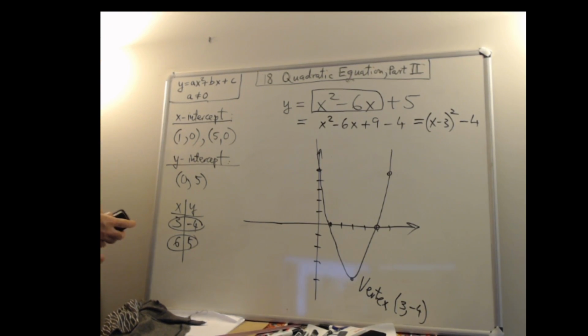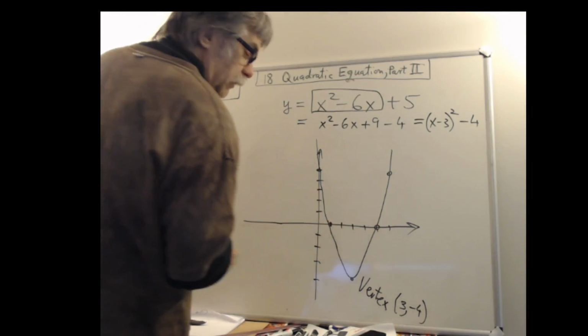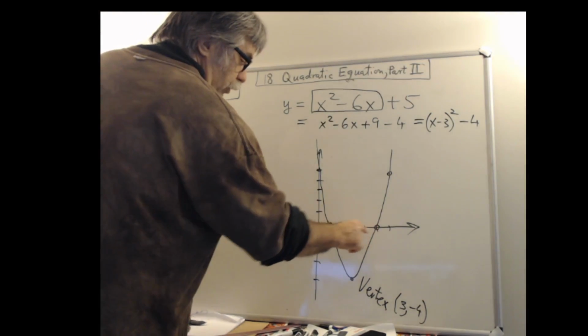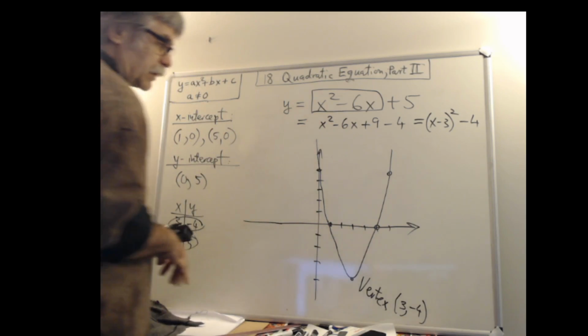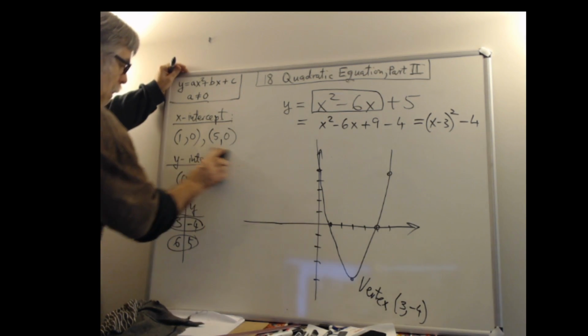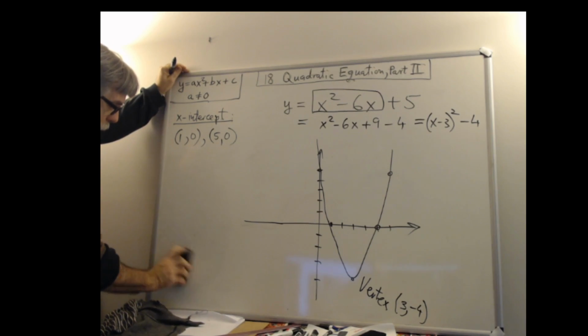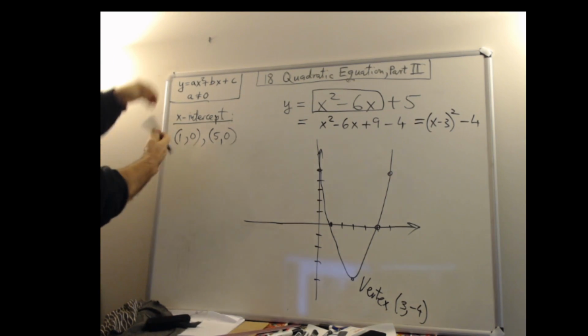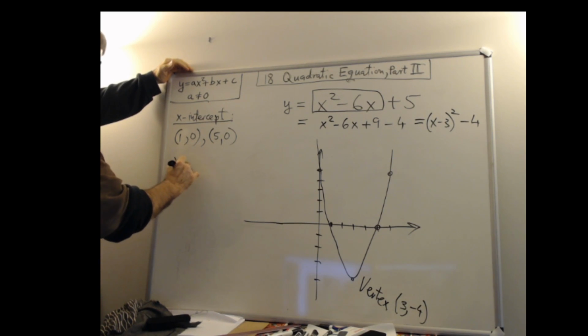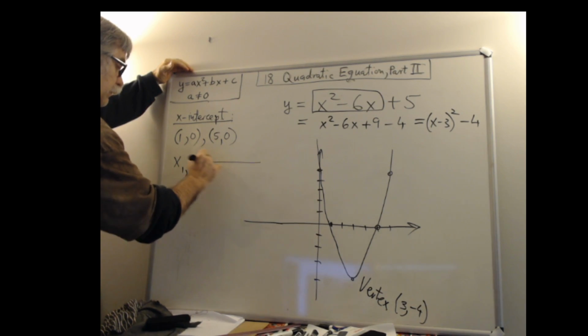What else do you know here? You know that this and this are the x-intercepts, and those are the solutions. You got them by solving the quadratic equation, which means that these two guys, 1 and 5, are x1 and x2 out of this equation.